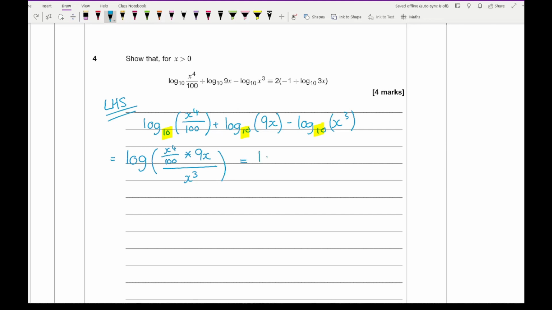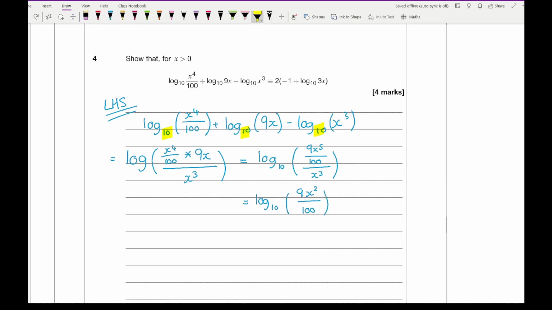I can write this as log 10 of 9x to the power of 5 over 100, over x cubed, which I can simplify again by writing log 10 of 9x squared over 100, where the x is cancelling out.